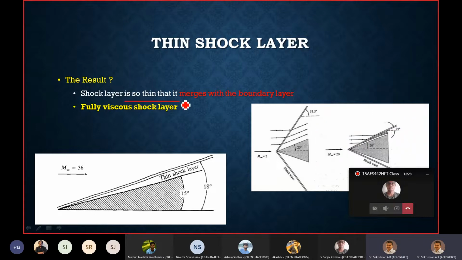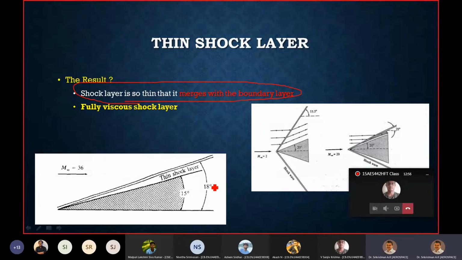The shock layer is so thin that it will merge with the boundary layer. We know what the boundary layer is, and we now understand what the shock layer is. When Mach number is increasing, the shock layer becomes so small that it approaches the thickness of the boundary layer, which means that now the shock layer becomes a highly viscous region.